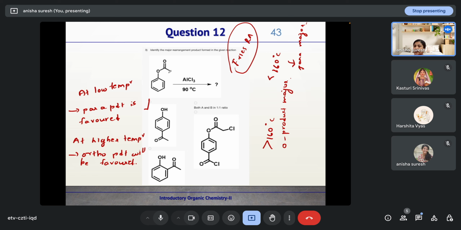This is because delta H for para product is less. That is why at lower temperature it is getting formed, and at higher temperature delta H for ortho will be more. That is why at higher temperature we will be getting ortho product as major product. Okay.